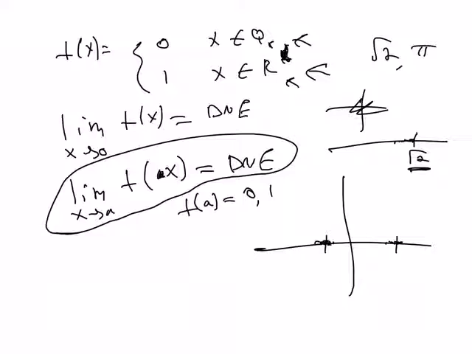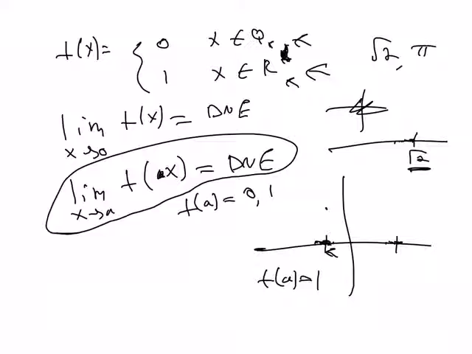And because of that, as we approach any single number, rational or irrational, there will always be an infinite amount of numbers for which f of those numbers is different from f of the number that we're approaching. So let's say we're approaching an irrational number a. Then f of a is going to be 1.